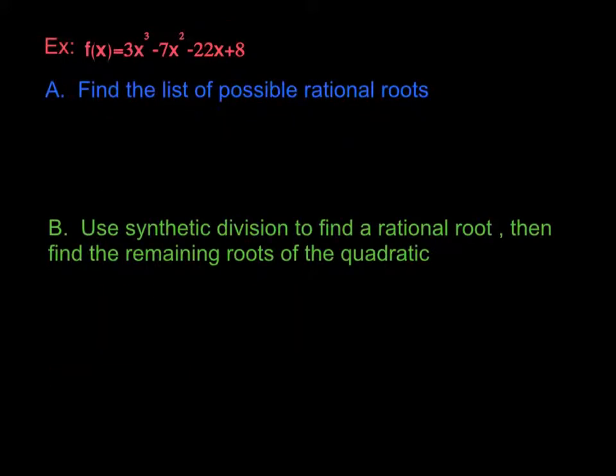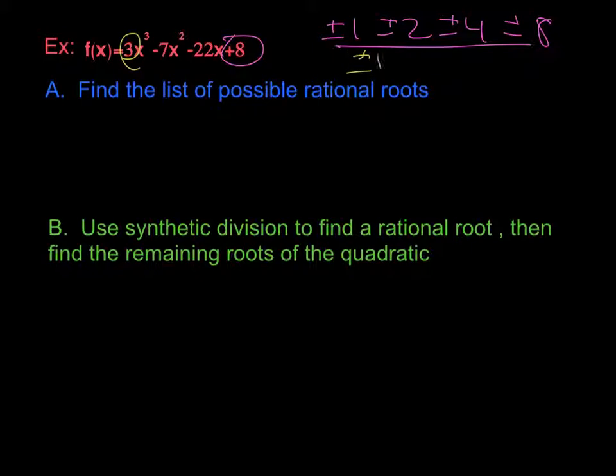Next one, f of x equals 3x cubed minus 7x squared minus 22x plus 8. So I want to find my list of possible roots. I'm doing all the factors of 8, which are 1, 2, 4, and 8, and I'm going to divide it by all the factors of 3.